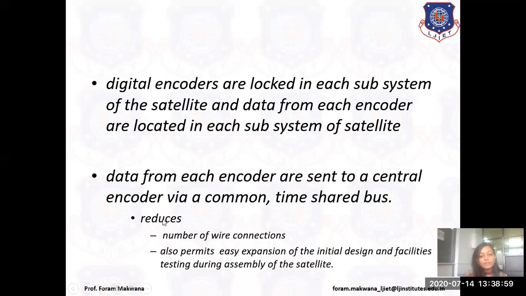Why? Because it reduces the number of wire connections and also permits easy expansion of the initial design and facilitates testing during the assembly of the satellite. This is the need of the bus. It gives you two advantages.